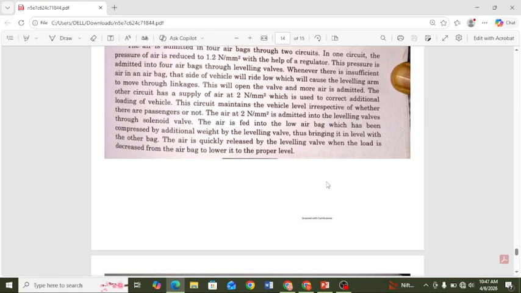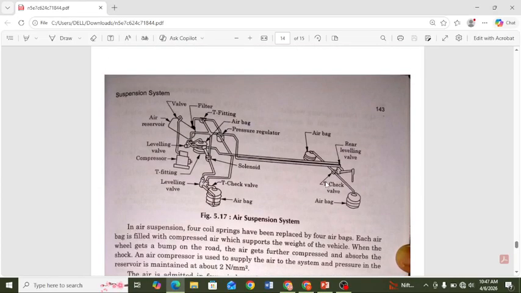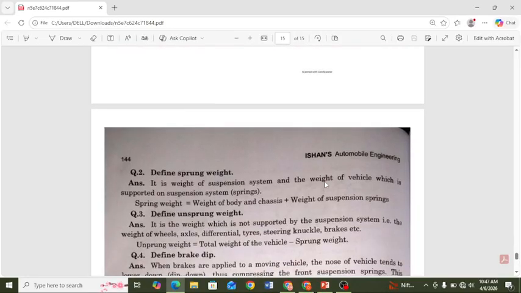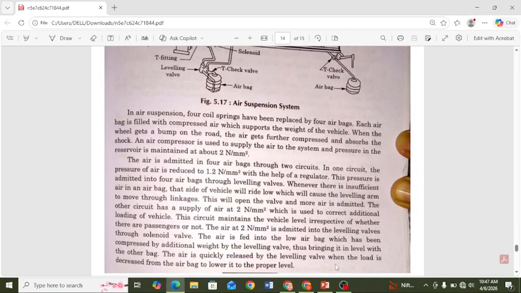Okay, so when we use this kind of air suspension system, it is helpful for removing the shock absorber and creates a cushioning effect.